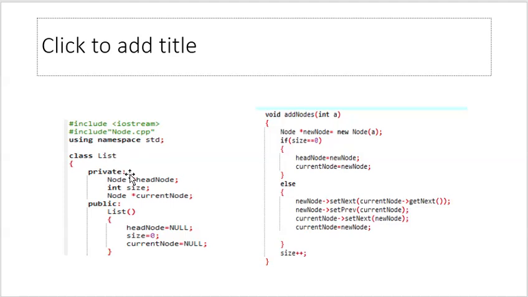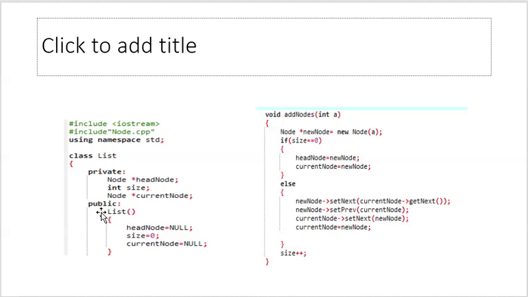So here I have mentioned the class list. In this I have created a head node, then size, and then current node. I have created two pointers. One pointer will be pointing to the head, while one will be pointing to current.